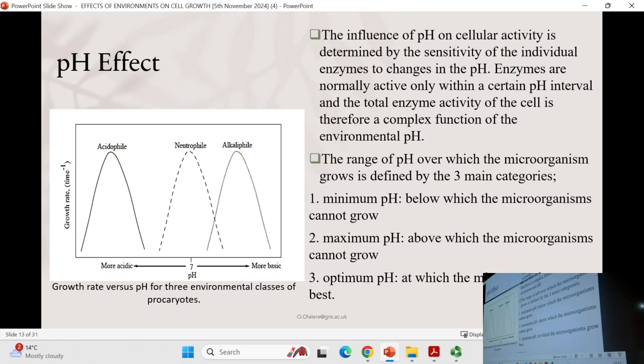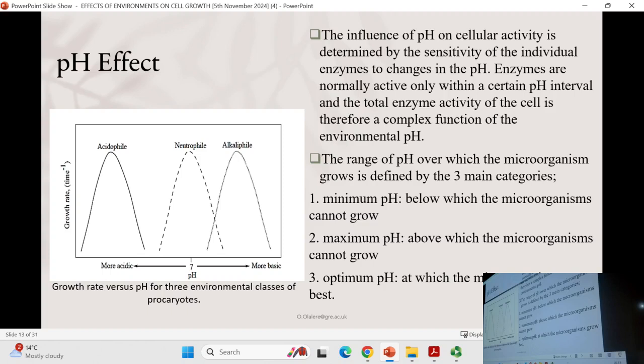Now, we have growth versus pH for three environmental classes of prokaryotes. Now, we have the pH scale. In our pH scale, we always have acidic, neutral, and basic. So the same thing is applicable when we're talking about pH here. Any bacteria that can withstand an acidic environment are called acidophile, just like we have thermophile, mesophile.